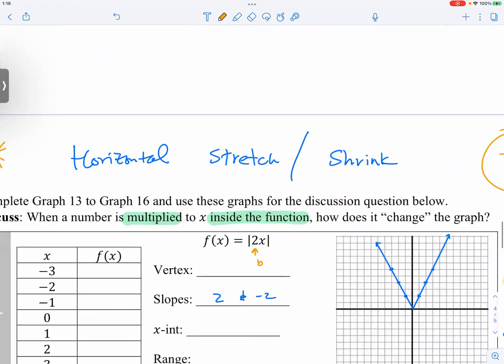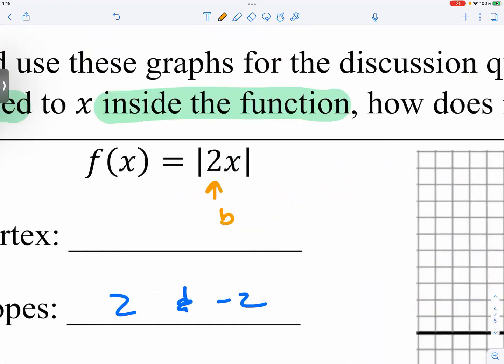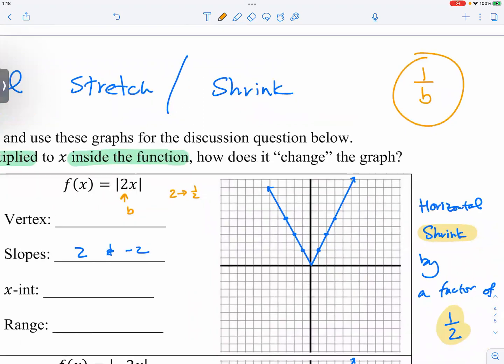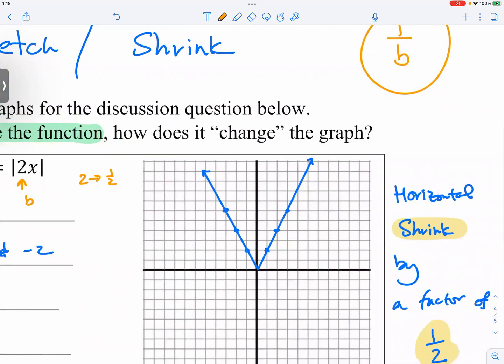So, for example, this one, you see the 2 right here? That's your b value. What's the reciprocal of 2? Not negative, just 1/2. And why do we need this 1/2? Because when we describe the horizontal shrink or stretch, that's a number that we're going to use.